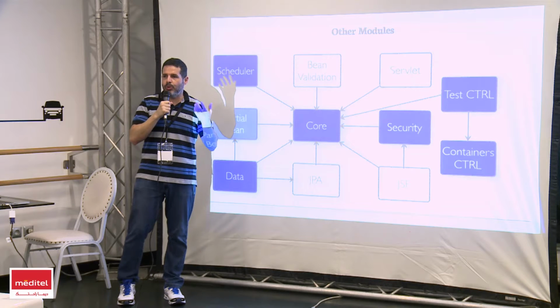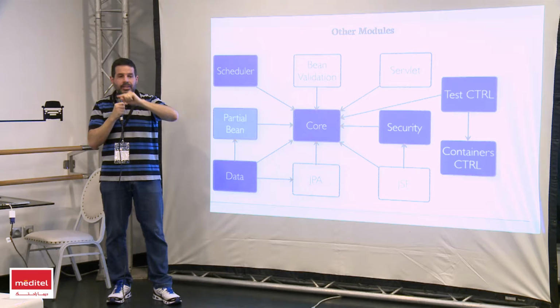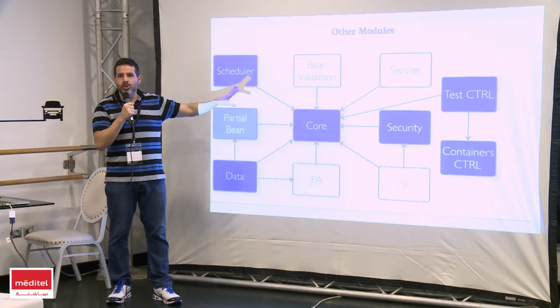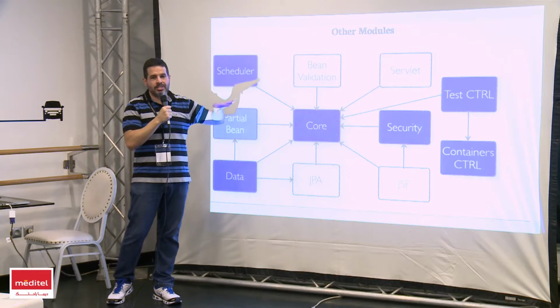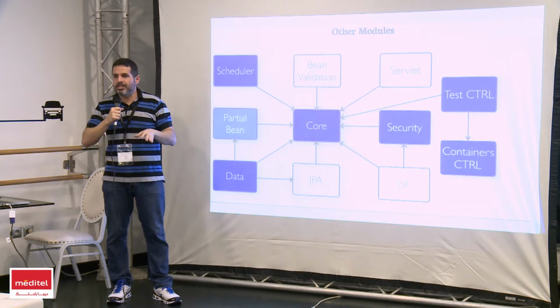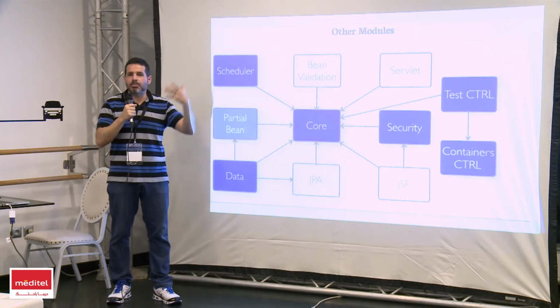It does not allow you to have injection. And before CDI 1.1, DeltaSpike allowed you to do that with bean validation and servlet modules. So DeltaSpike also works like a sandbox for the specification.